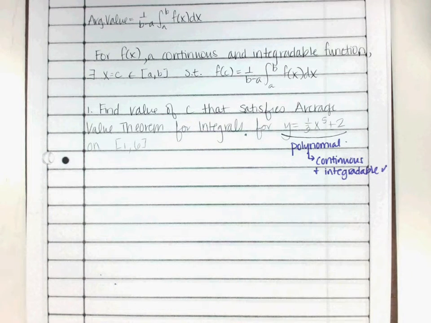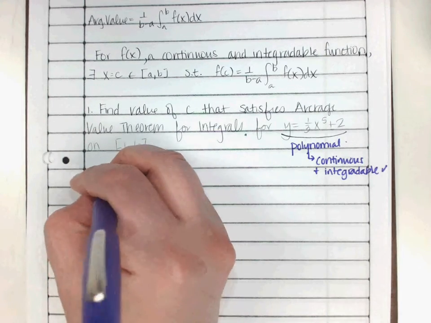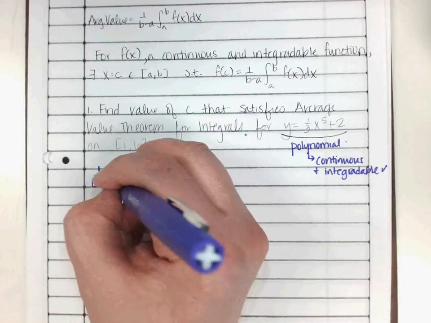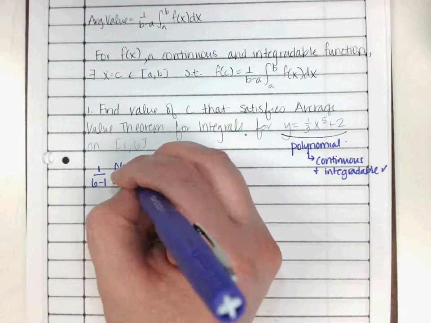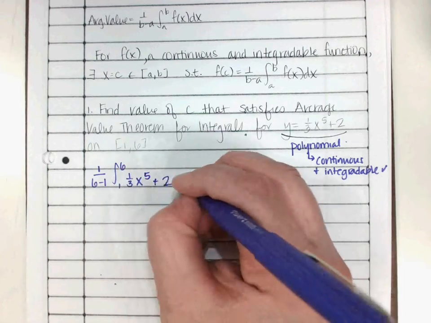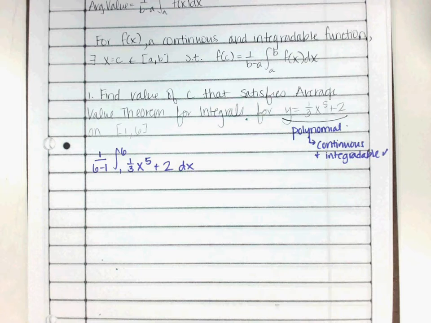Okay? So if it's a continuous function, then I'm going to find the average value, which is 1 over b minus a, which is 6 minus 1, integral 1 to 6, and then of my function, which is 1/3 x to the 5 plus 2 dx. So that's going to tell me the average value of the function on that interval.